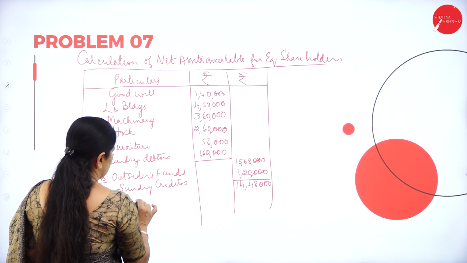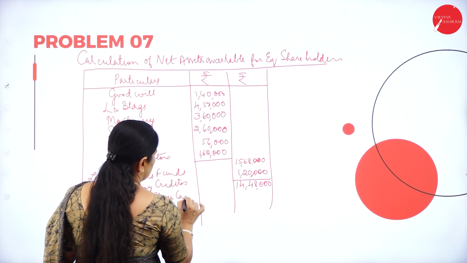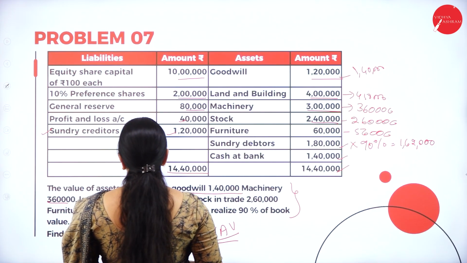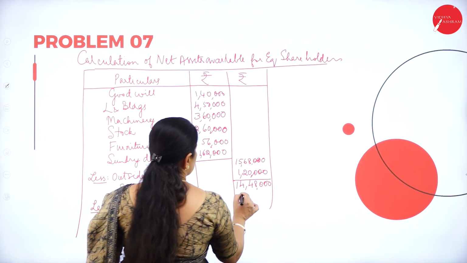Now, less preference share capital. What is the preference share capital? 2 lakhs. So, 2 lakhs I deduct.